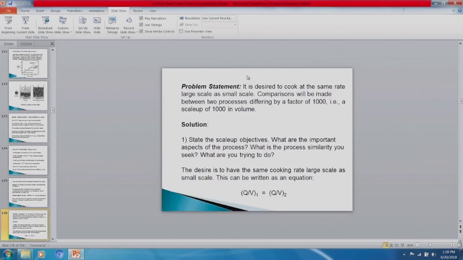You can interpret it in mathematics as the heating rate of scale 1 times the volume of scale 1 equals the heating rate of scale 2 times the volume of scale 2. That would be the way you would state the scale-up objectives. You've got something in words, and now you have an equation which you can work with. State the process objectives, what are important, what's the process similarity you seek, what are you trying to do? Okay.